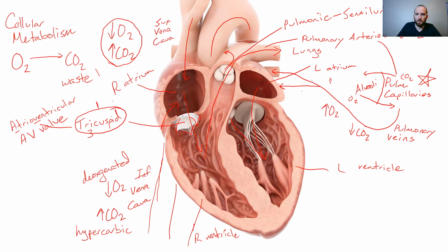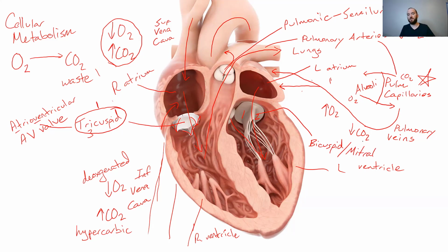So again, the left atrium receives the blood and sends it down to the left ventricle through another valve. That valve is the bicuspid valve. Just like we had the tricuspid valve on the right side, we have the bicuspid valve on the left side because it has two flaps. The other name of the bicuspid valve is the mitral valve.